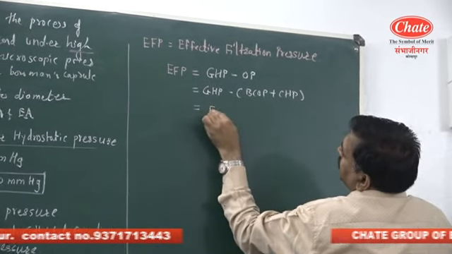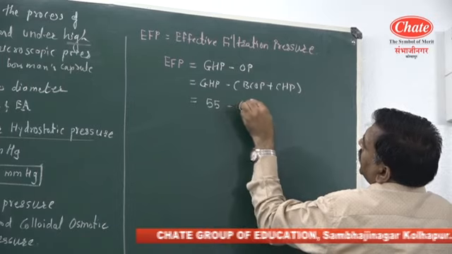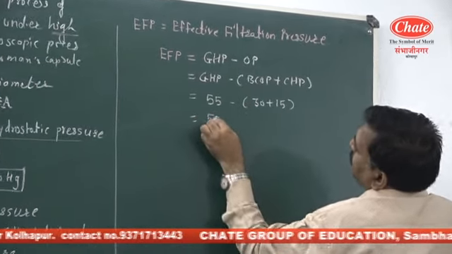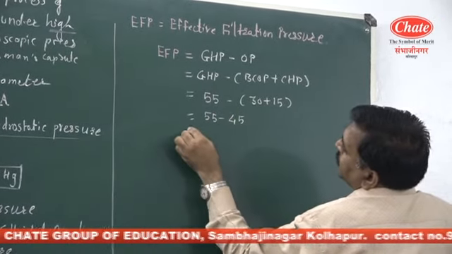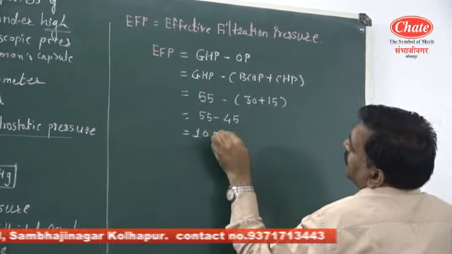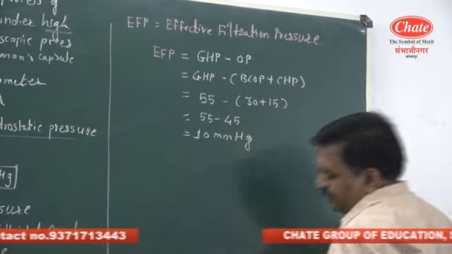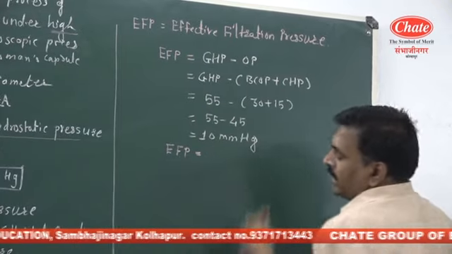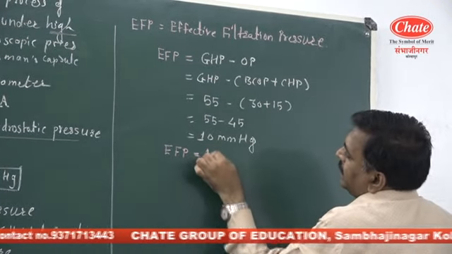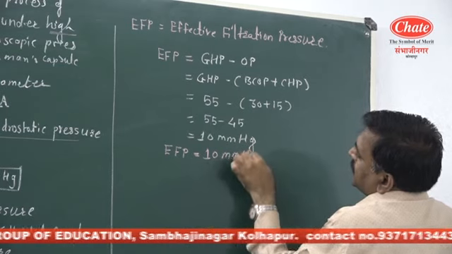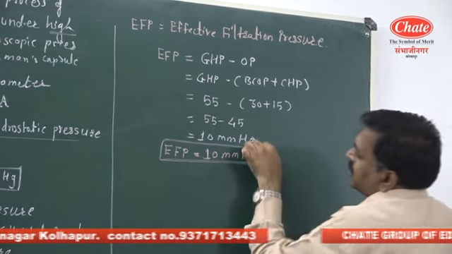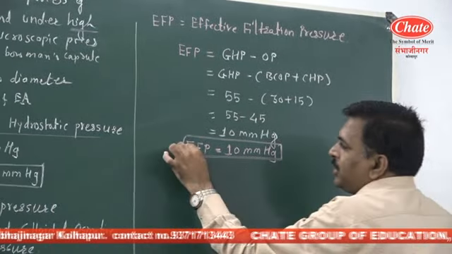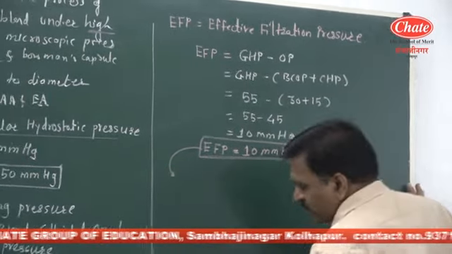Here it is 55 mmHg minus 30 plus 15, so 55 minus 45, which is 10 mmHg. Most important part: the effective filtration pressure in the kidney is 10 mmHg.